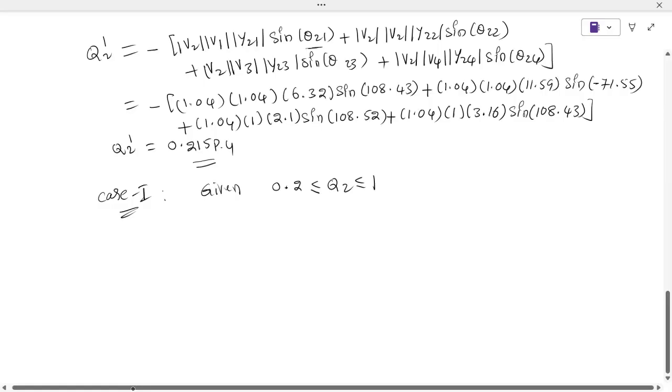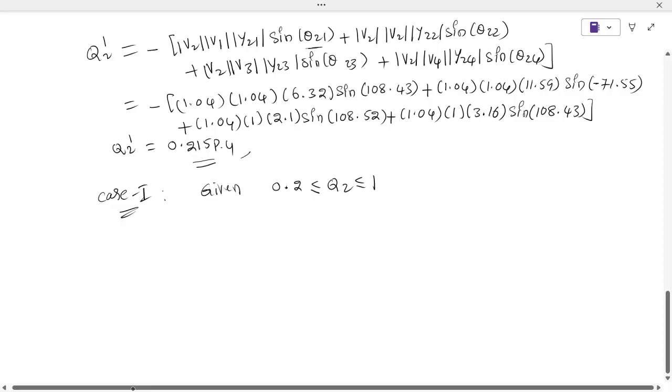The actual calculated value is Q21, 0.215 per unit. Now check with this condition. Is this value within this condition or not? Yes, 0.215 is more than 0.2 and within 1. Now the calculated value is within the limits.